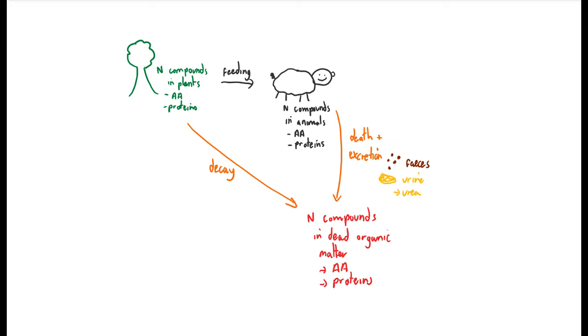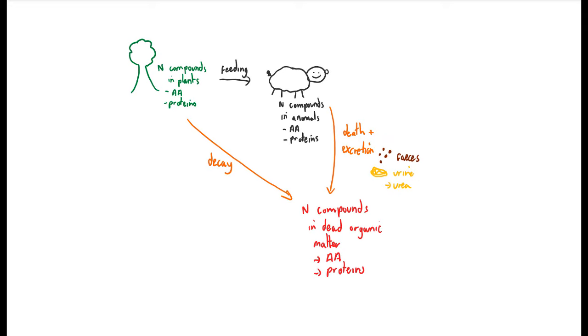So all very straightforward so far, all very similar to the carbon cycle. This is where it starts to deviate a little bit. Now, what we said was that all this dead stuff can't accumulate in an ecosystem because it's not good for the organisms that live there.